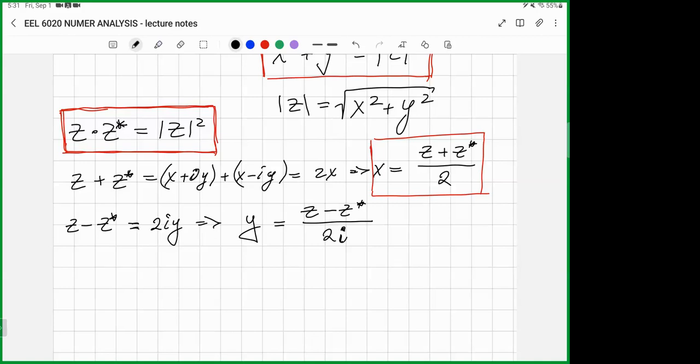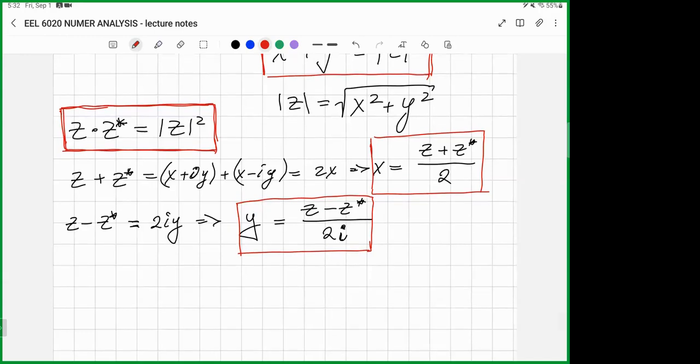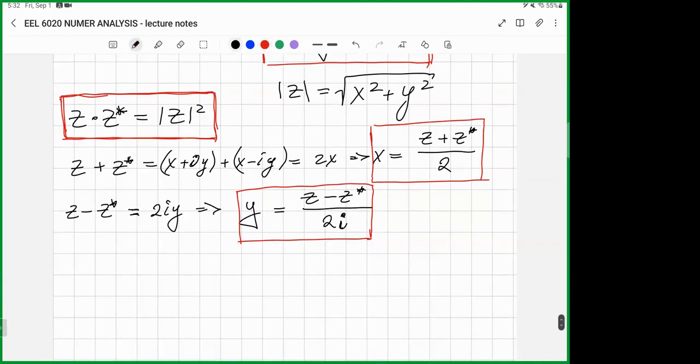So in order to define the imaginary part of the complex number, we need to subtract the complex conjugated number from itself and divide by 2i. So x is the real part of z, y is the imaginary part of z.